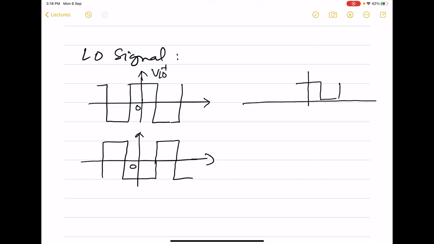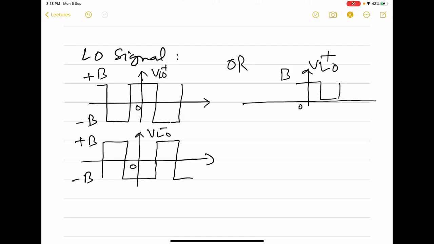So this can be assumed between plus B and minus B. So this is VLO minus. So both are between plus B and minus B, and they are complementary. Or alternately, we can consider VLO of this form between 0 and say value B. Any of these two are okay.